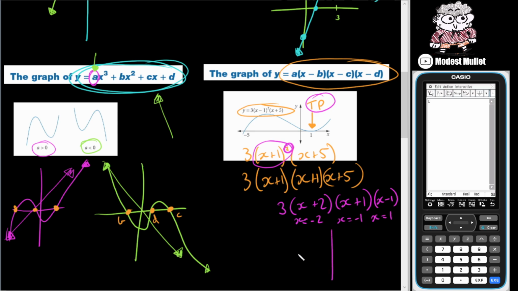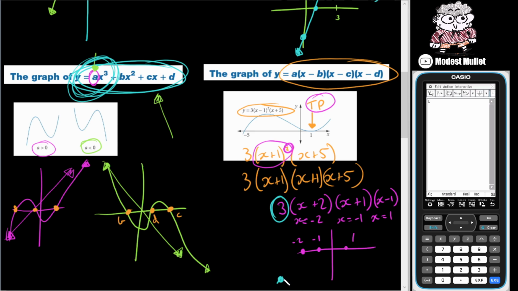There are intercepts, so we can straight away plot them. So we get -2 there, -1 there, and 1 there. And after we have that, all we need to realize is go back and look at the A term and go, where do I need to start? Do I need to start bottom left, or do I need to start top left? In our case, since we've got a positive, I need to start here.